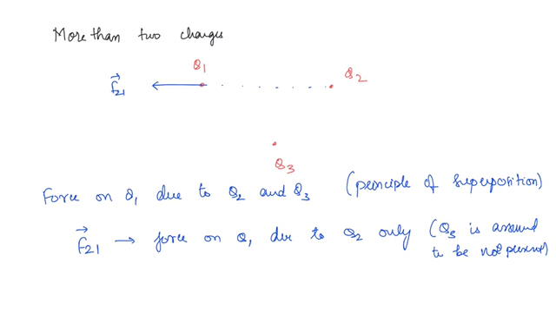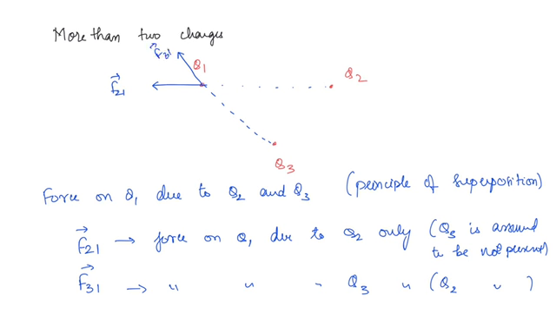Similarly, you will find F31 bar. That will be the force on Q1 due to Q3 only, and Q2 is assumed to be not present. So you can draw the distance vector here. So this will be the force F31 bar.